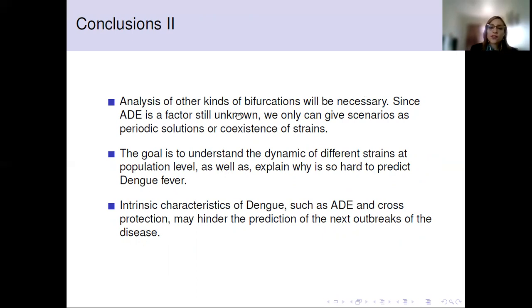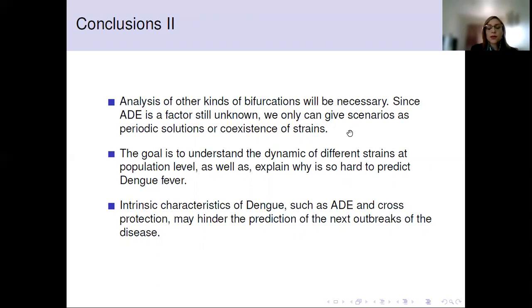Of course, other kinds of bifurcation analysis will be necessary, because the parameter phi that describes antibody-dependent enhancement is still unknown. So we could give only some scenarios showing periodic solutions and coexistence of strains.